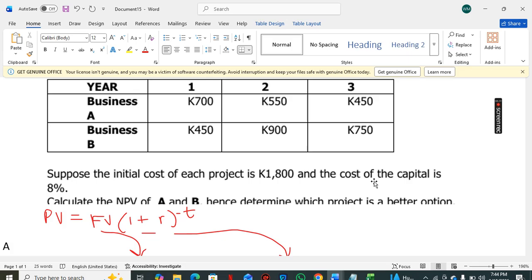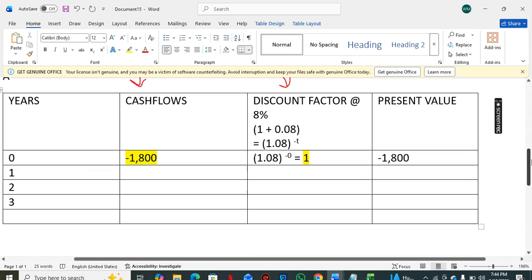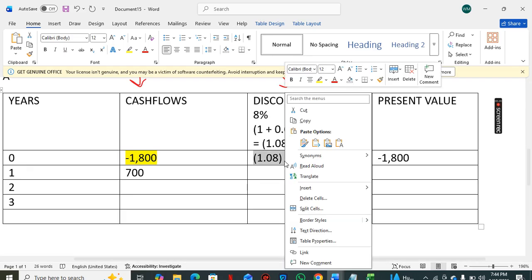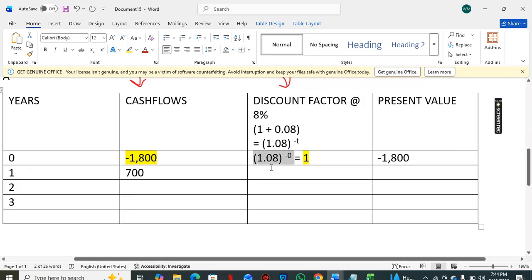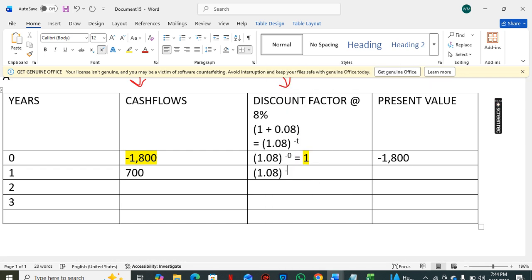Okay. Year 1 was receiving 700 kwacha. So we put a cash flow 700. Discount factor, you're going to put 1.08 to the power negative 1. Because it's year 1, that's why we're putting to the power negative 1.